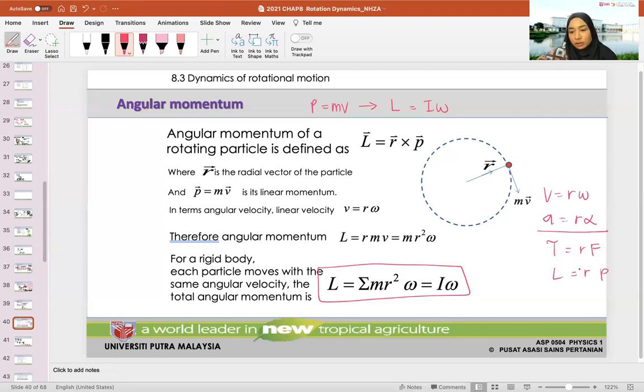So these two are special cases. Remember I told you torque is a special case. It doesn't follow the linear-rotational convention, V equals R omega, A equals R alpha, S equals R theta. It doesn't follow this convention.